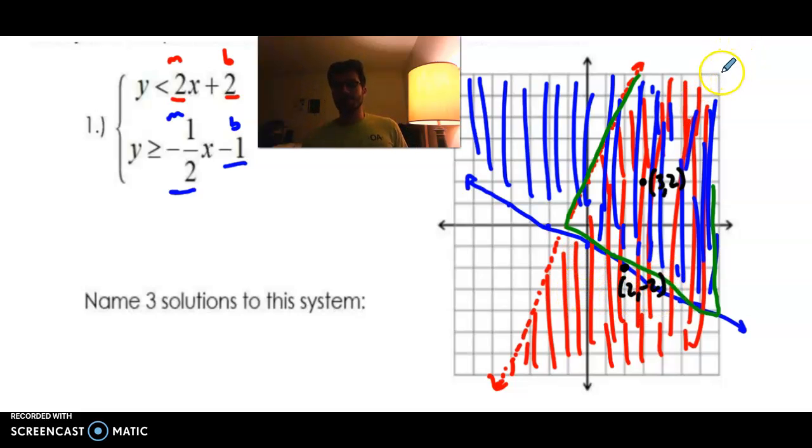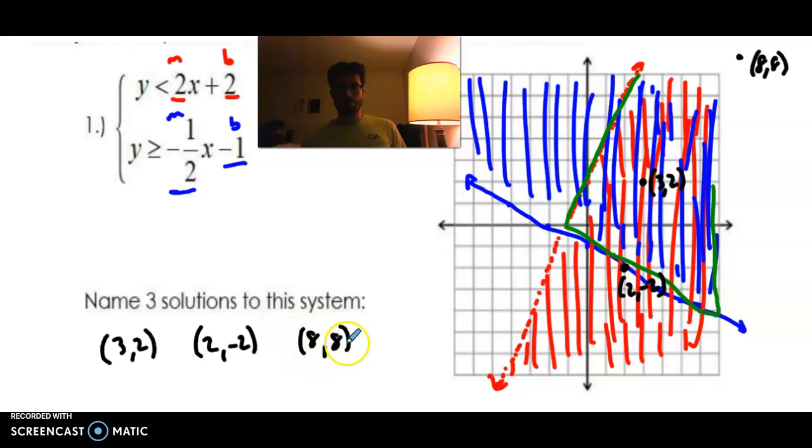Maybe even, we can pick a point that's off the graph. 1, 2, 3, 4, 5, 6, 7, 8. So 8 is a solution. So let's put those down. There's 3.